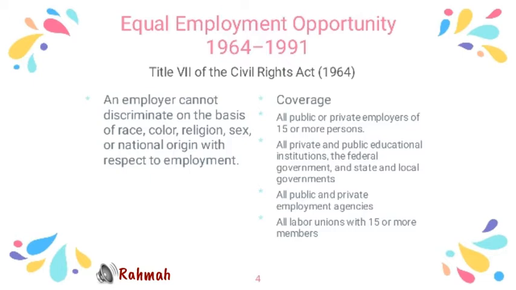With respect to employee coverage: all public or private employers of 15 or more persons, all private and public educational institutions, federal government and state and local governments, and all public and private employment agencies, and all labor unions with 25 or more members.